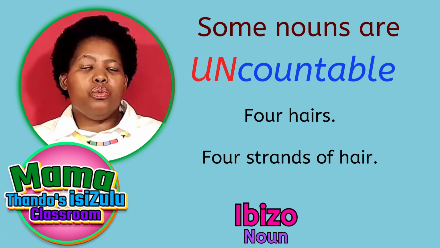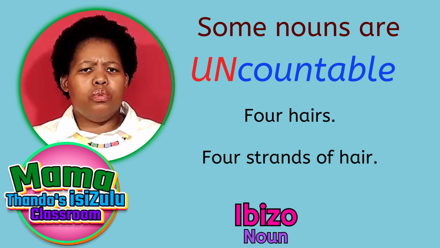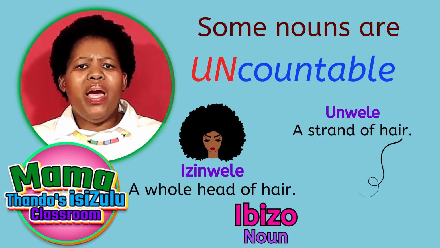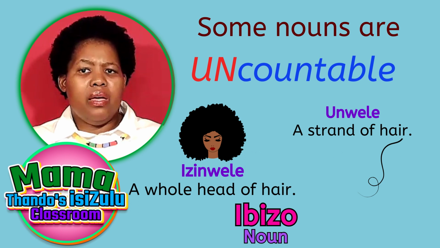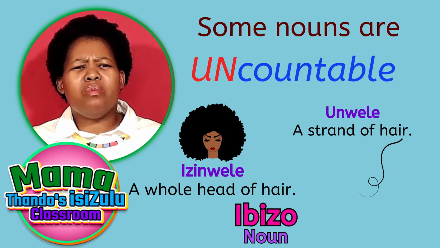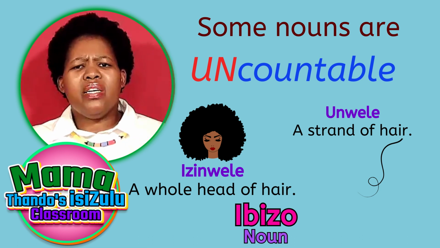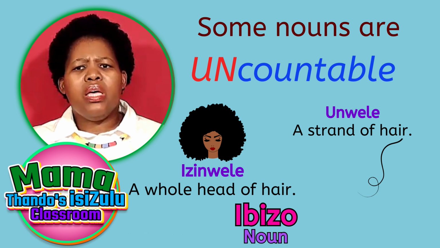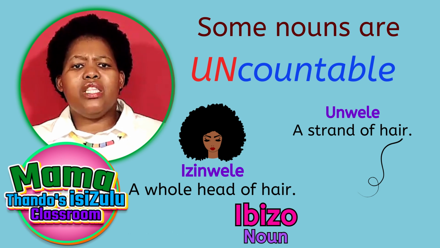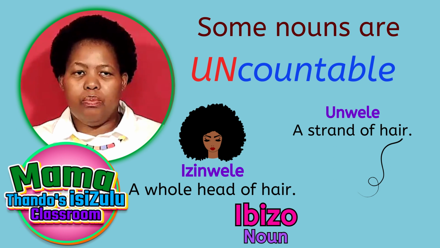Same in isiZulu, exactly the same in isiZulu. Unwele is 1 strand of hair. But when we talk about your whole head of hair, we use the word izinwele, even though we aren't necessarily going to count it all.